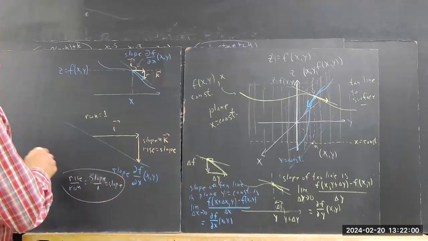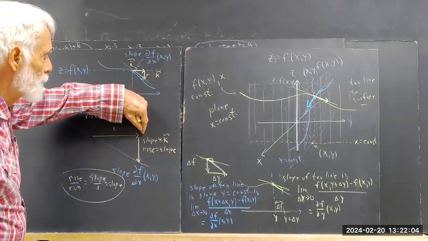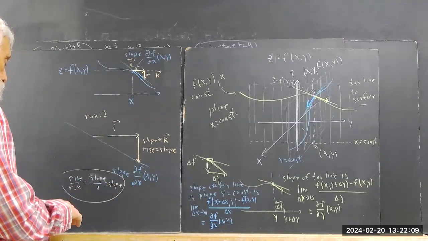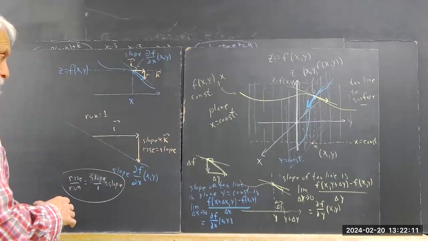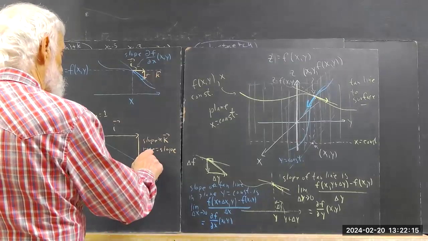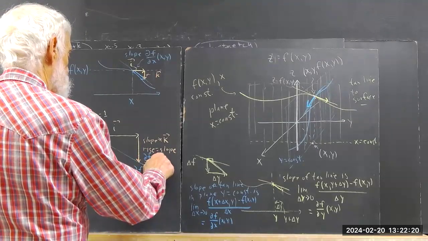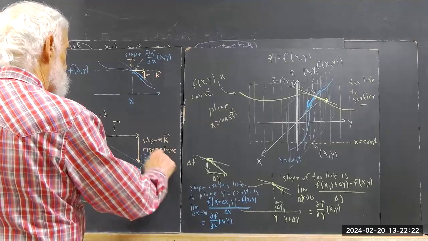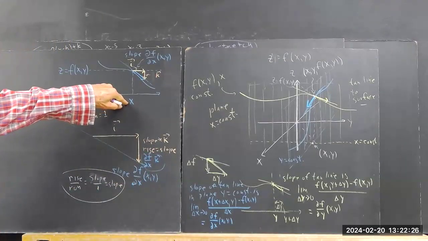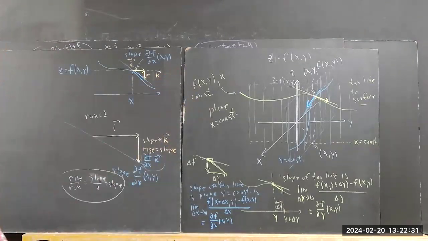This confirms that the rise is the slope, and that's what it'll be if this vector is slope times K. But of course, the slope is the partial derivative with respect to X. Suppressing the X, Y, it's understood that we're evaluating this at this X coordinate and in the plane where Y is whatever it is.